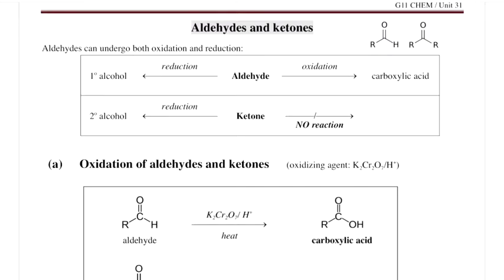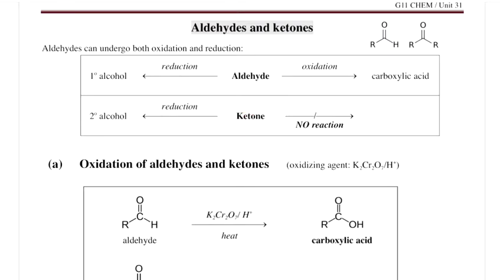Okay, so from the previous lesson, we have learned if we have primary or secondary alcohol, we can oxidize it using potassium dichromate with acid. Then we will be able to make those alcohols into aldehyde and ketone. So today we're going to learn two types of reaction.